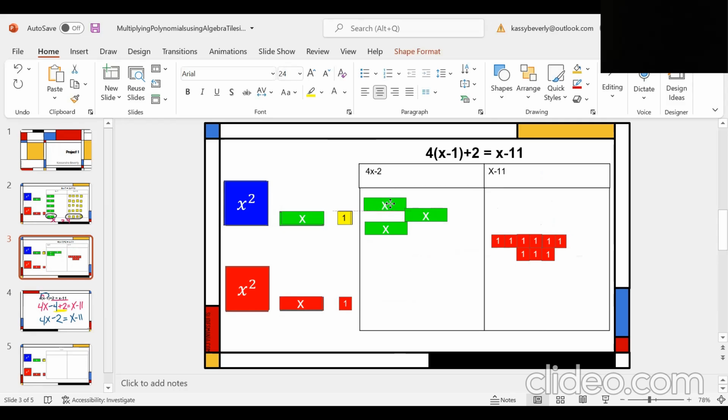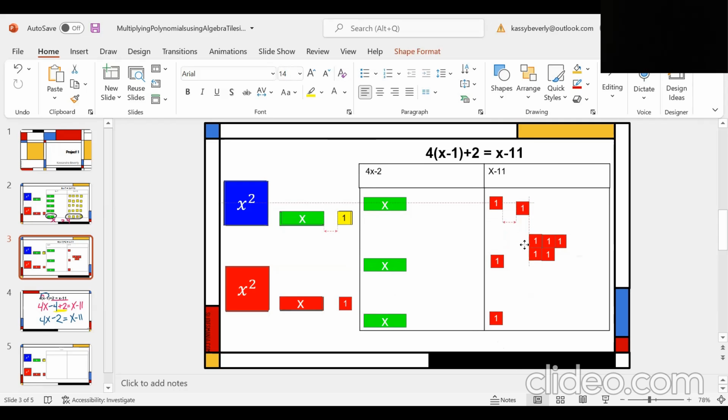So to figure out what x equals, we're going to split the 3 x's apart. And then we're going to divide our negative units into 3 parts to match our x's. So we're going to start with 1 in each. Now we have 2 in each.